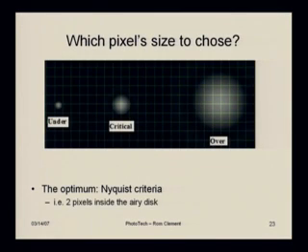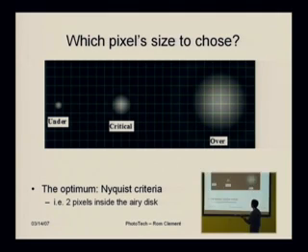So the optimum is when I have 2 pixels inside my Airy disk, or 2 pixels inside my main and principal peak.